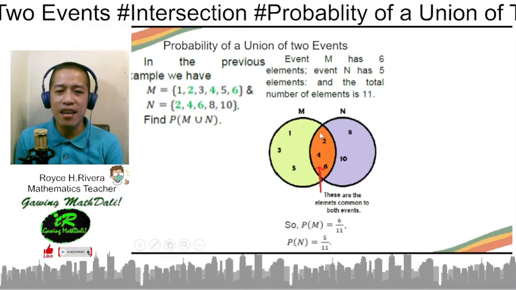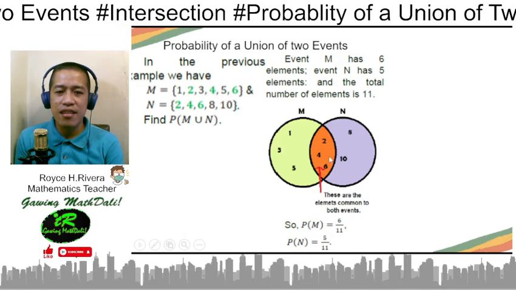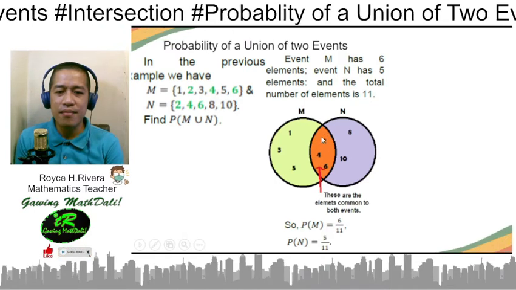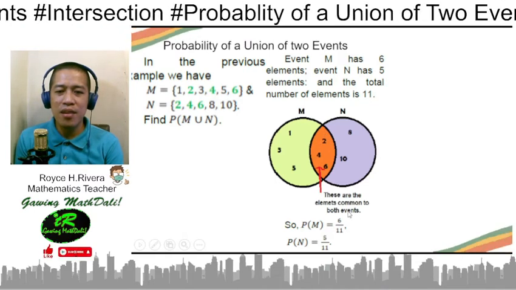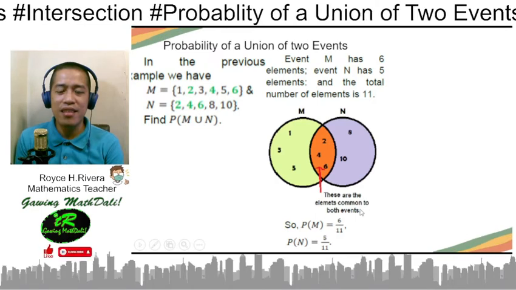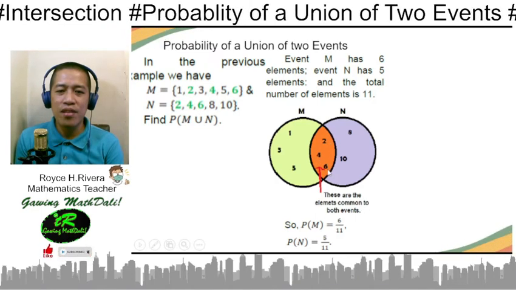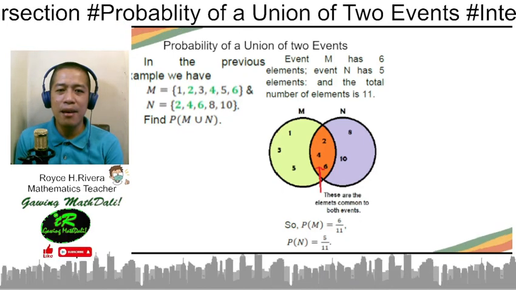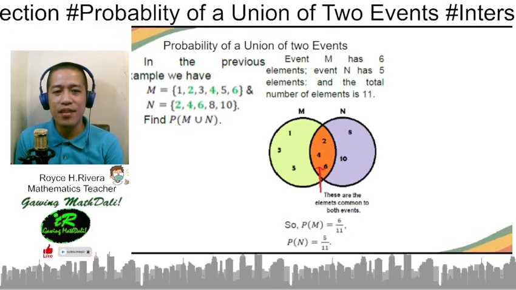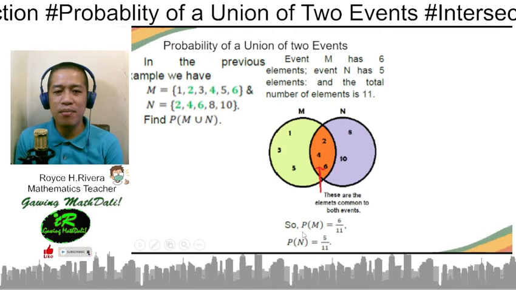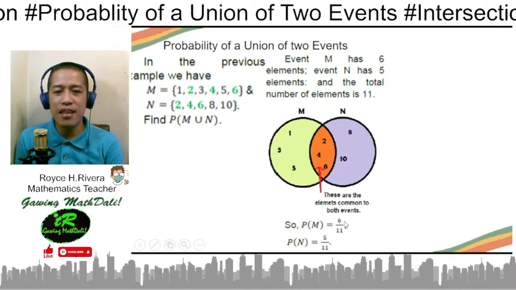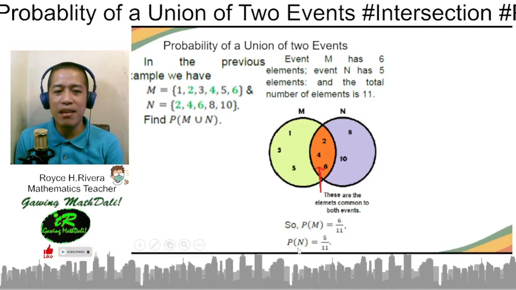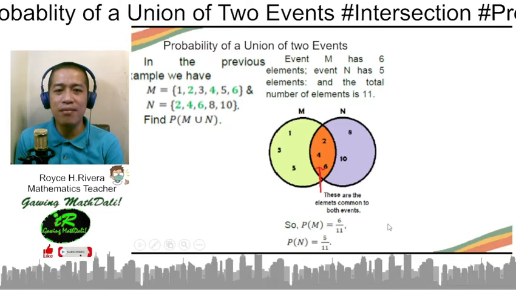Notice that this area contains elements common to both events. 2, 4, 6 are common to both events M and N. So, the probability of M is equal to 6 over 11. The probability of N is 5 over 11.